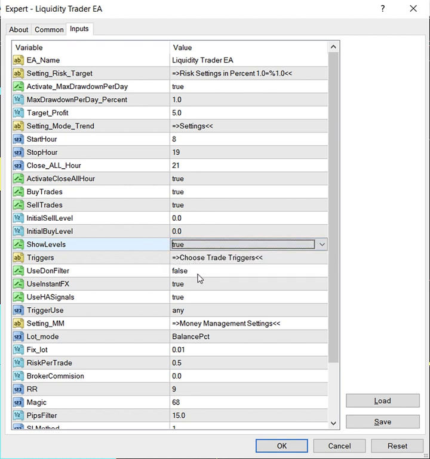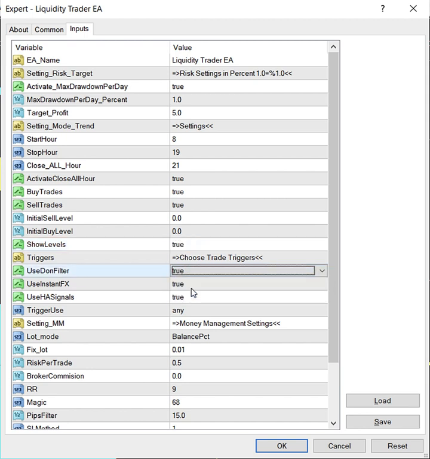Now the triggers, I have 3 triggers here. You can choose the Donchian channel filter. If you want, you can activate it, true. And you can have the instant FX filter, and you can use the Heiken Ashi signals change in color filter as well, like triggers.